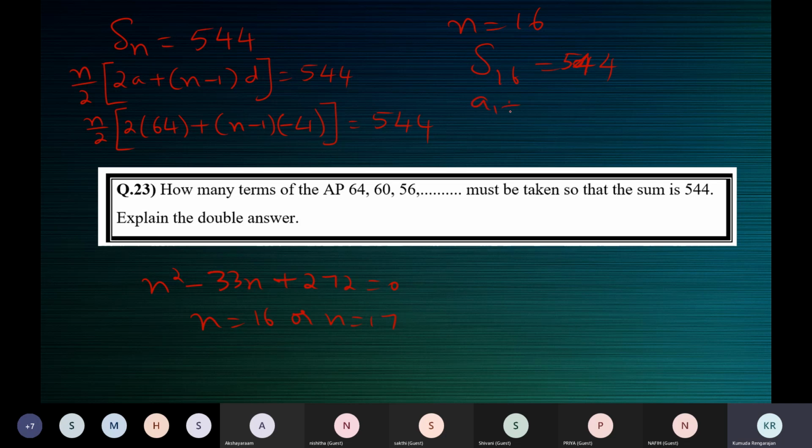That means A1 plus A2 plus A3, and so on till A16 is equal to 544. If you accept the other value, n is equal to 17, it means A1 plus A2 plus A3 plus so on till A16 plus A17 is equal to 544. This is the meaning.